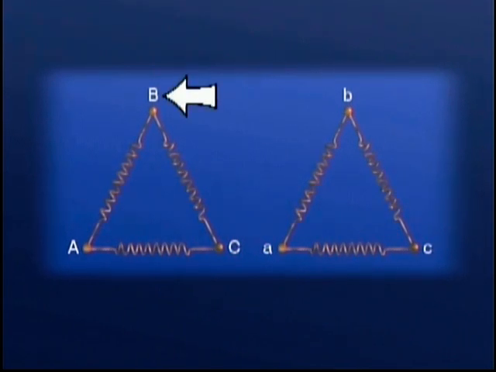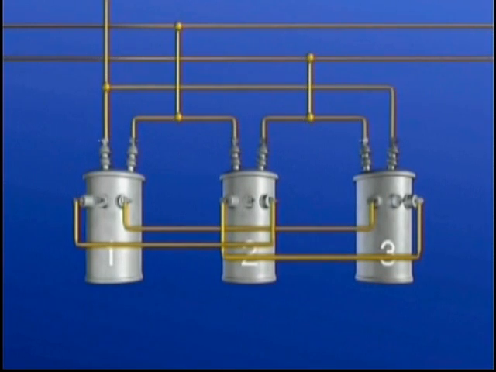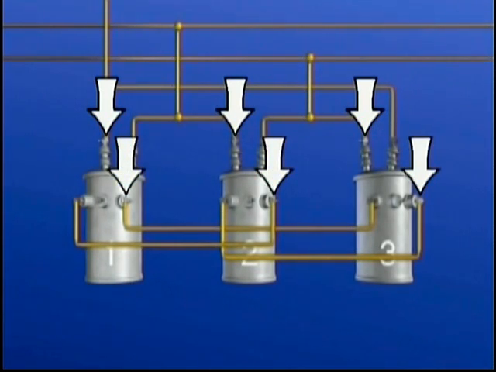That is, the H1 end of each primary winding is in the same relative position on the primary phasor diagram as the X1 end of each secondary winding on the secondary phasor diagram. In simple terms, this means that power supplied to the H1 end of a primary winding is in a similar relationship to power supplied by the X1 end of the secondary winding.